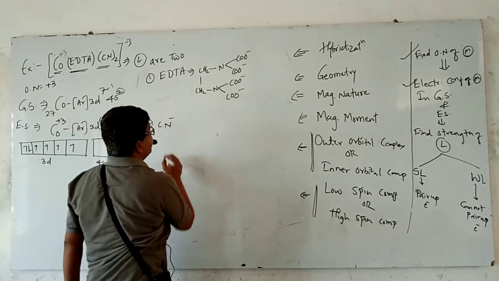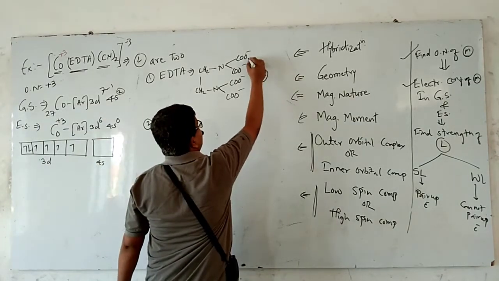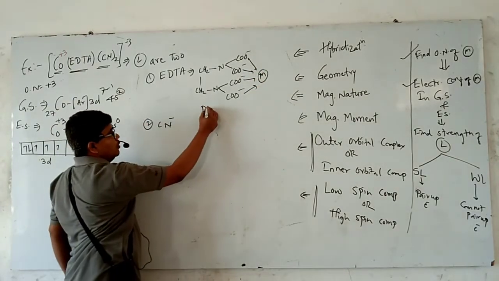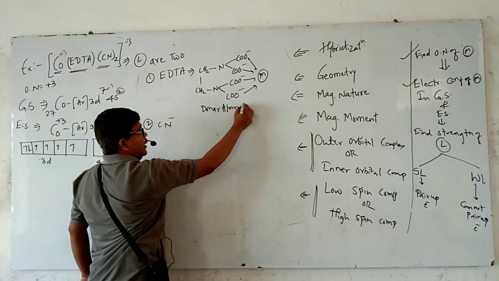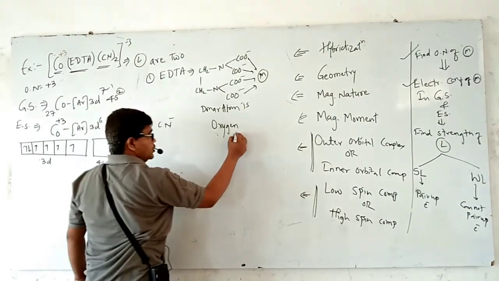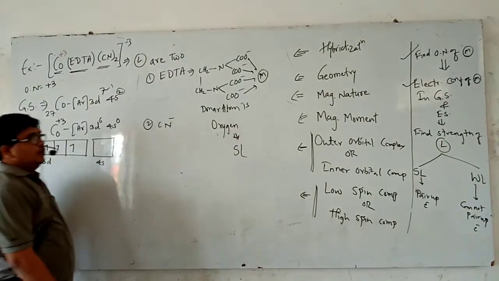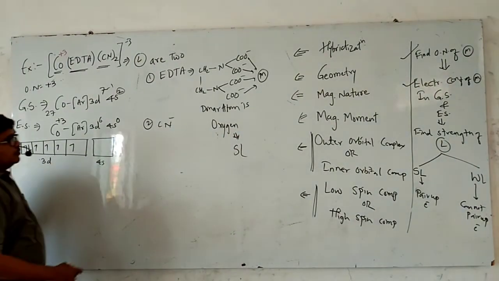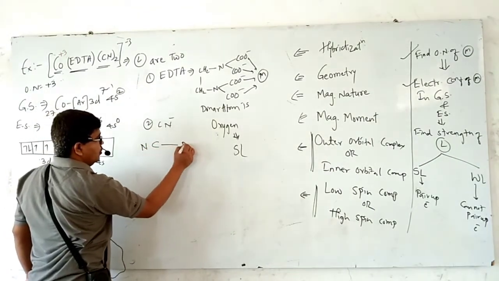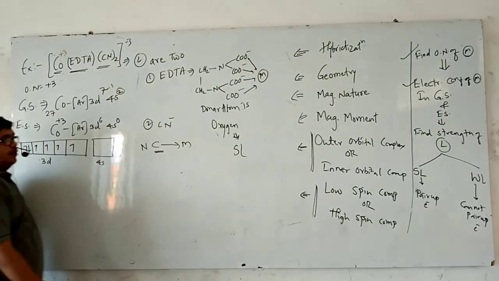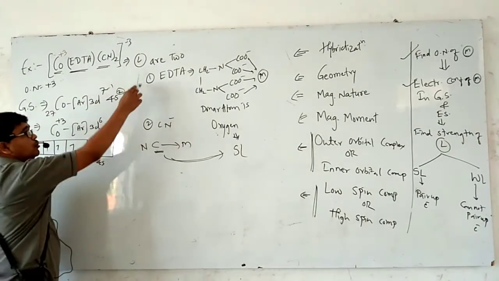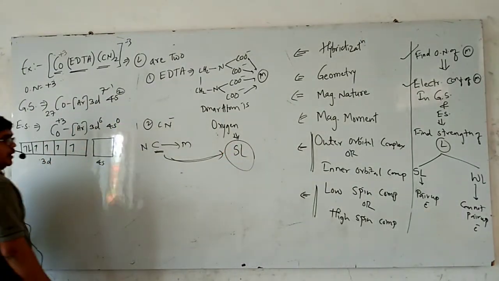In the EDTA, donor atom is oxygen, and if the donor atom is oxygen, it is considered as strong ligand. Now in case of CN, donor atom is carbon. So as the donor atom is carbon, it is again strong ligand. So both the ligands are strong ligand.